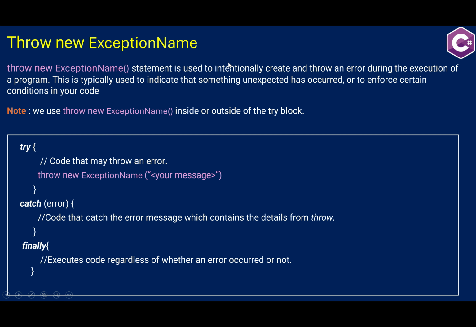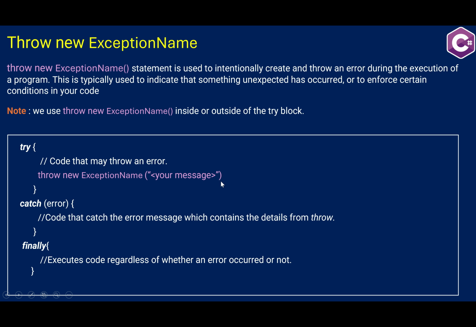So in this case, you can trigger your exception manually. Generally, we are going to use throw new exception inside of the try block, or you can use it outside of the try block, which is in the method.